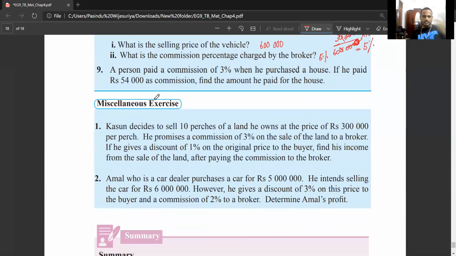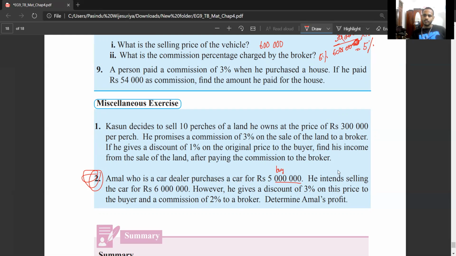We'll go to the miscellaneous exercise. This is the same thing. Amal. I have a friend called Amal in my campus. Amal, who is a car dealer, purchases a car for 5 million. He intends to sell. So this is the buying rate. He intends to sell the car at 6 million.